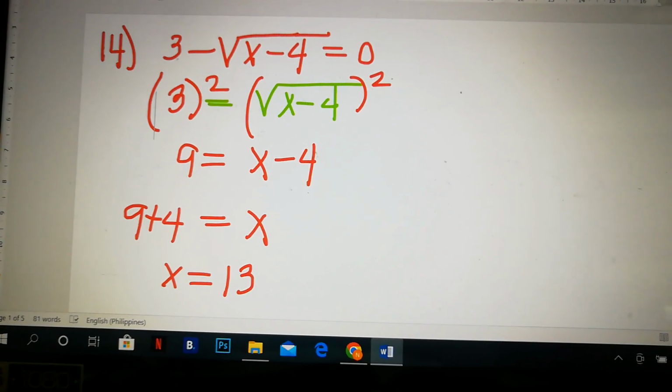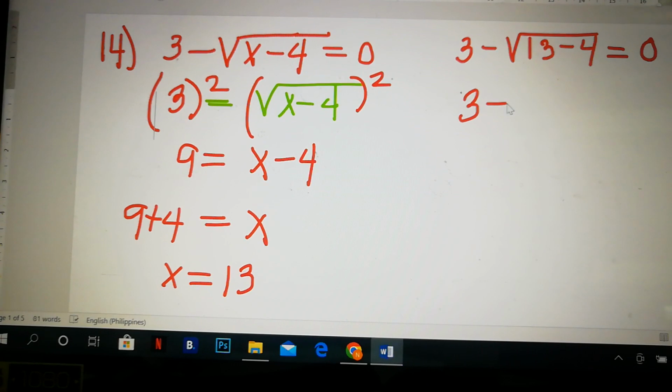To check whether our answer is right or wrong, we simply plug in x equal to 13 into the original equation. So 3 minus square root of 13 minus 4 equal to 0.